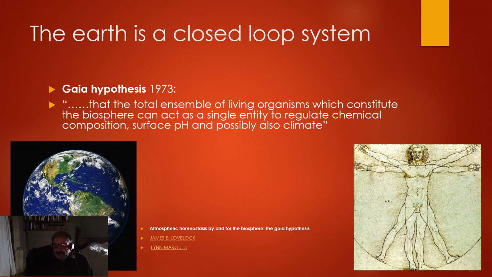I'm going to introduce you to another theory at this stage, the Gaia hypothesis, that was formulated by James Lovelock. Lovelock was a NASA scientist who discovered the hole in the ozone layer, amongst other work he did for NASA at that stage. But basically, he came up with this hypothesis that suggests that you should see the Earth as a living organism.